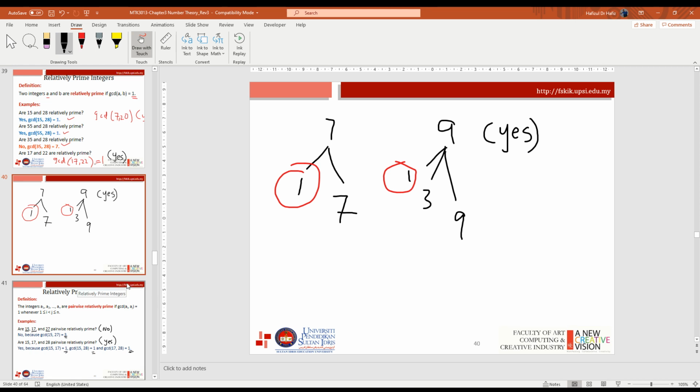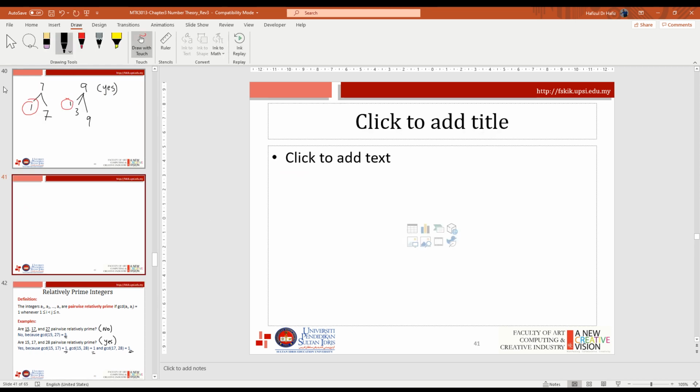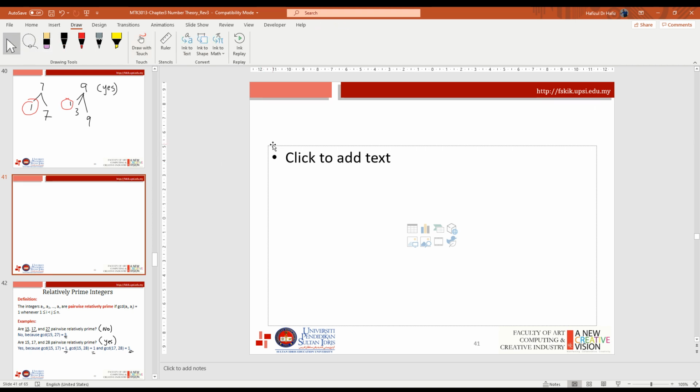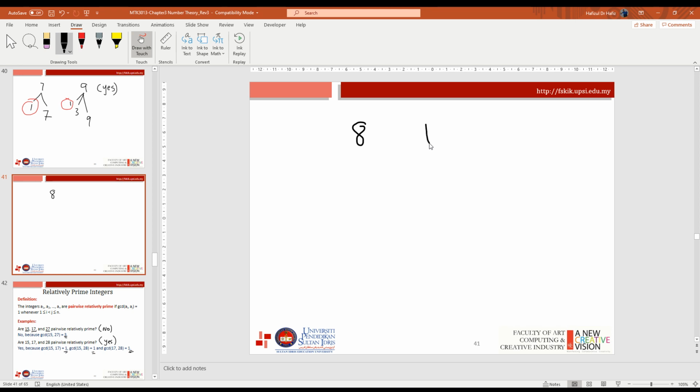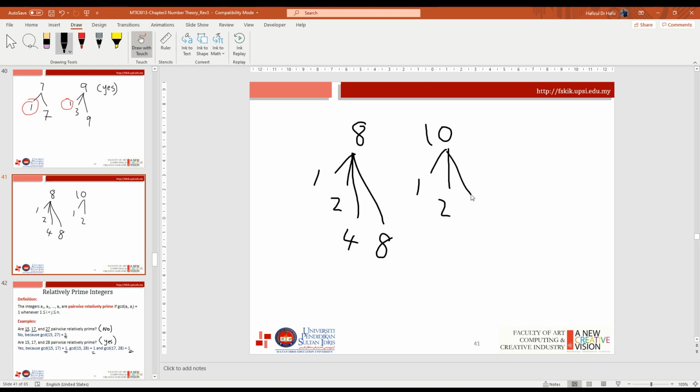Okay, another example. Is it okay for you? We have 8 and 10. For 8 we have 1, 2, 4, and 8. For 10 we have 1, 2, 5, 10.